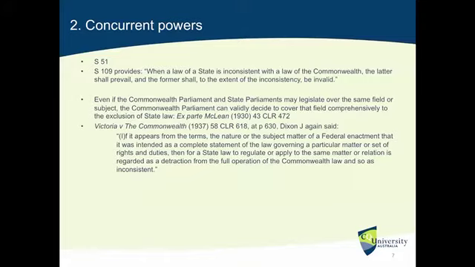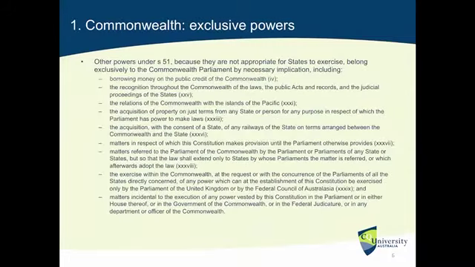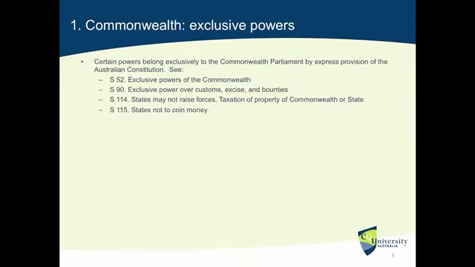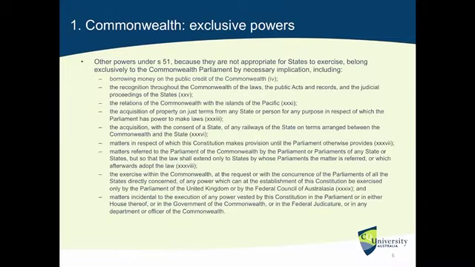Now, in other words, the bulk of the powers of the Australian Commonwealth Parliament come from Section 51, and we already discussed that briefly as far as what the powers of the Australian Commonwealth Parliament are. And so these are some of the exclusive powers.